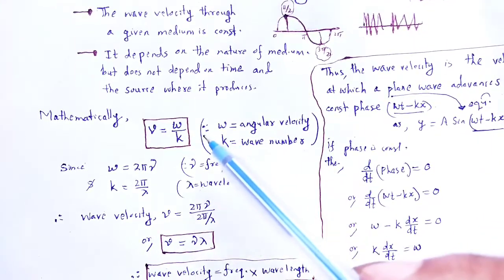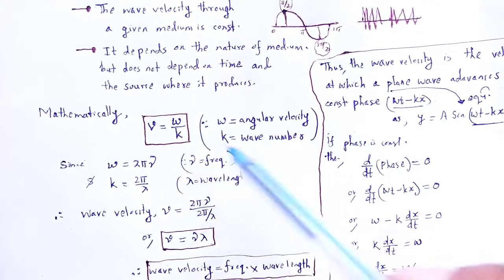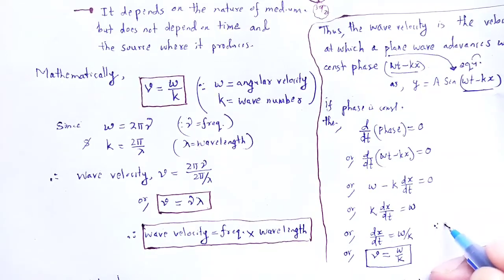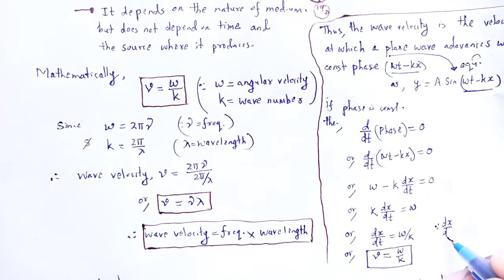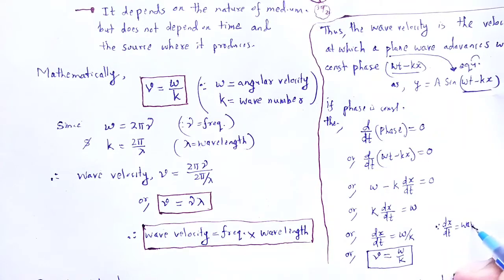The wave velocity is equal to omega by k.